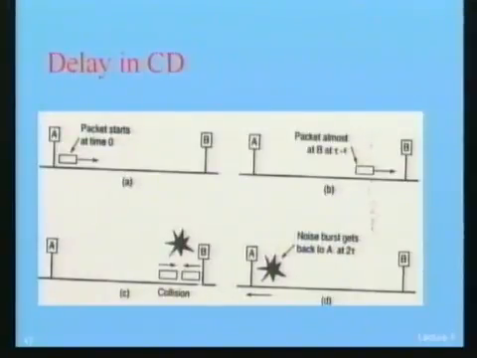As a result, if you want to create time slots, you make it twice the maximum propagation delay. And we said that in 802.3 that is equivalent to sending 512 bits. So each slot is 512 bits, which is also the minimum that you have to have.